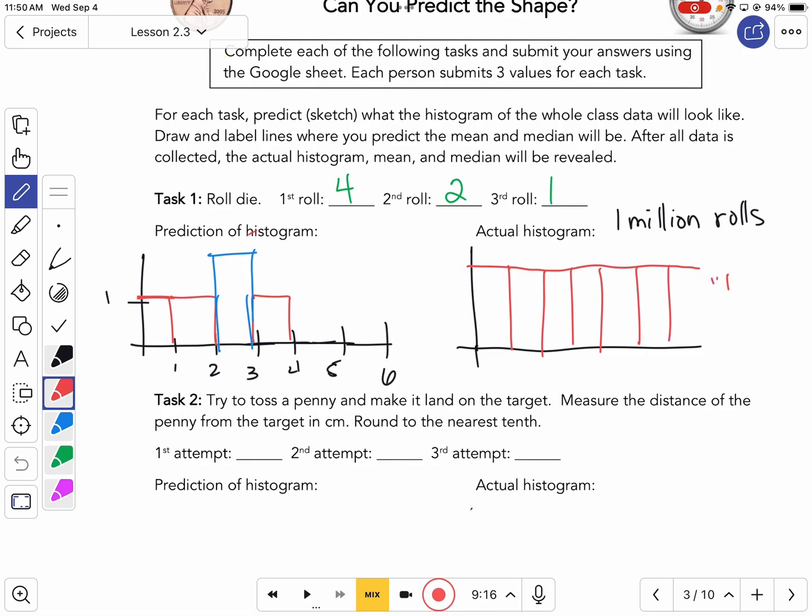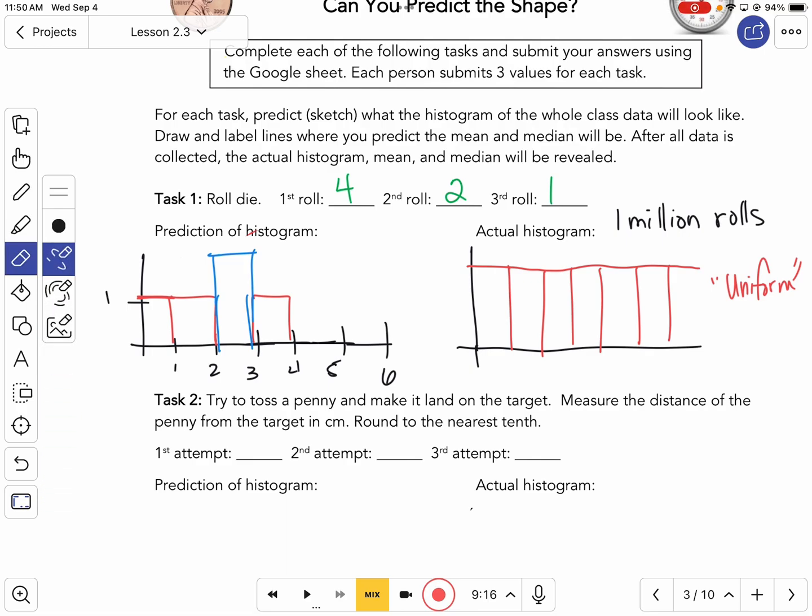Uniform. It becomes uniform. And that's what's really cool. That's one of the things that's really neat about rolling dice. If all you're doing is rolling, over time, the more you roll, it should equal itself out. And so we get this uniform distribution.